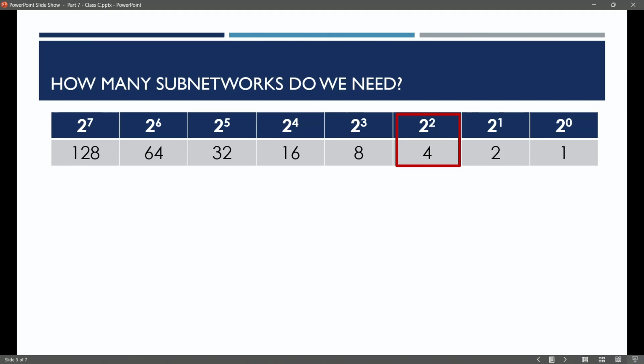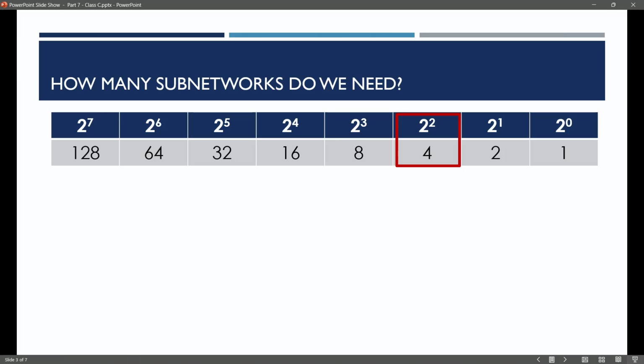So how many bits do we need to use for subnetting? The answer is our formula, 2 raised to the 2 in this case. We need 2 bits. If we use 2 bits of additional subnet masking, so to speak, we can create 4 networks. We learned this 2 to the n formula in an earlier video, as you remember.